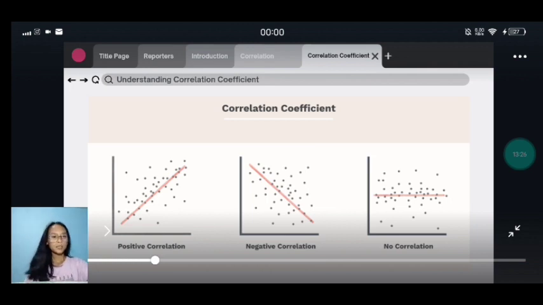Sa second one, the negative correlation, if ang isa may increase, ang isa po may decrease. Ang isa may increase, ang isa may decrease. So ang slope, ang line there is downward. While sa no correlation, steady line. Wala siya correlation, di sila connected sa usag-usa, di sila maka-affect sa usag-usa. So the line there is stable in straight line.